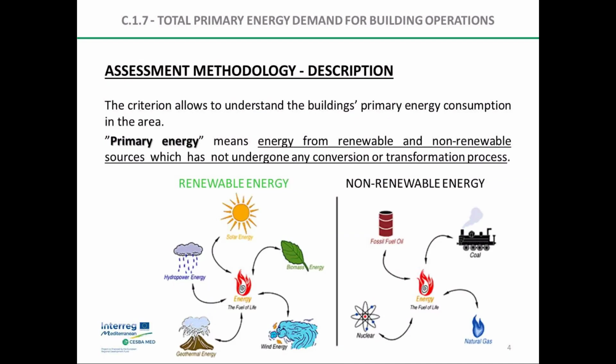The criteria allows us to understand the building's primary energy consumption in the area. Primary energy means energy from renewable and or non-renewable sources which has not undergone any conversion or transformation process.